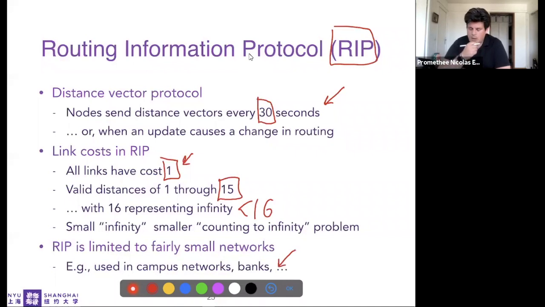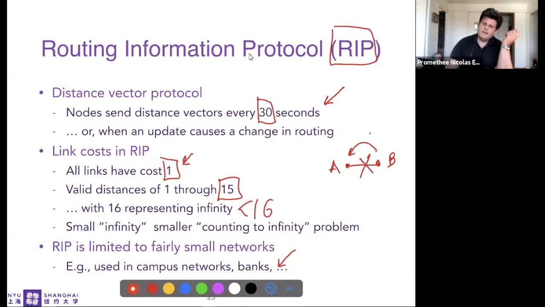Okay. So one of the first questions that I have before I show you the count to infinity problem is, how can I discover that the link is down? Let's say I have A and B, they are connected. At some point, I lose the path, the link. How can A and B know about this link failure? So what we do, we know that the DVs, the distance vectors, are sent every 30 seconds.